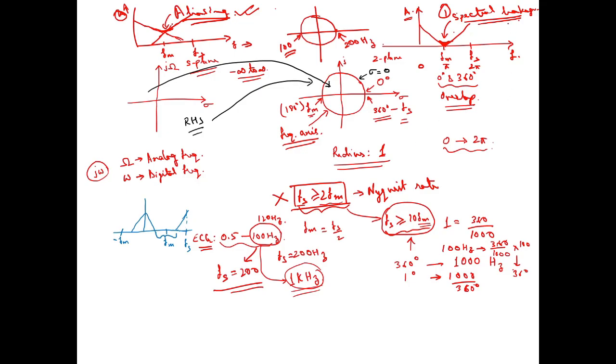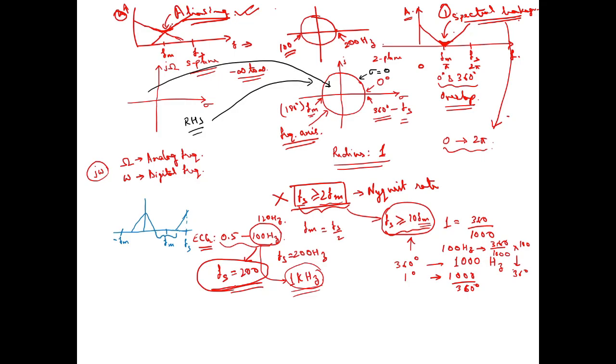Now, when we talk about spectral leakage, as I told you, while acquiring the ECG, we have the highest frequency, say 100 Hz. Under normal circumstances, the FS should have been 200 Hz.